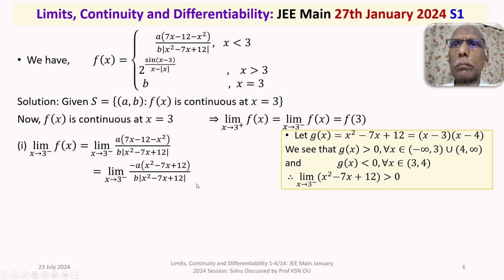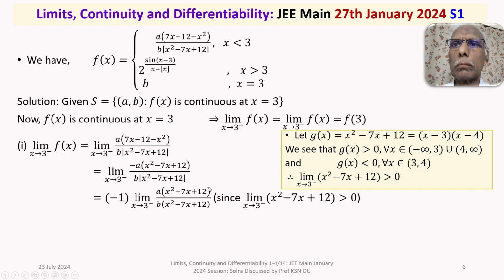Therefore, the modulus will go away, and you can write minus 1 out. The limit as x tends to 3 minus of a times (x square minus 7x plus 12) by b times (x square minus 7x plus 12), and cancellation takes place and it is 1. Therefore, you get minus 1 into a by b, that is minus a by b.